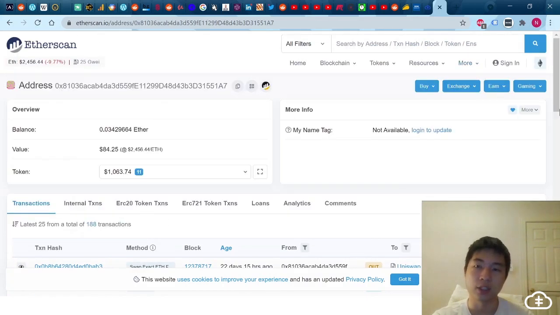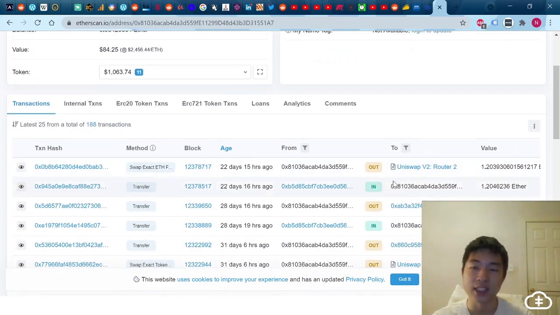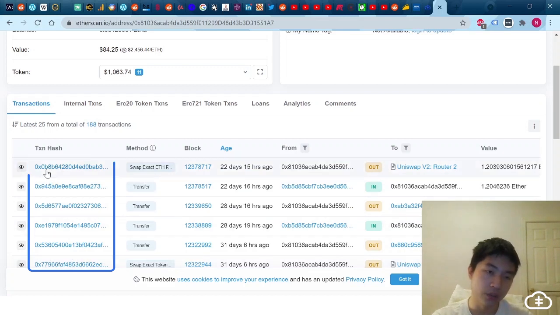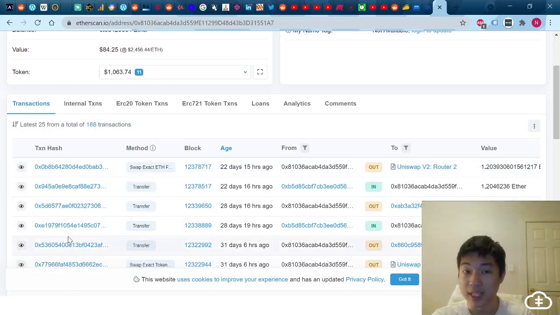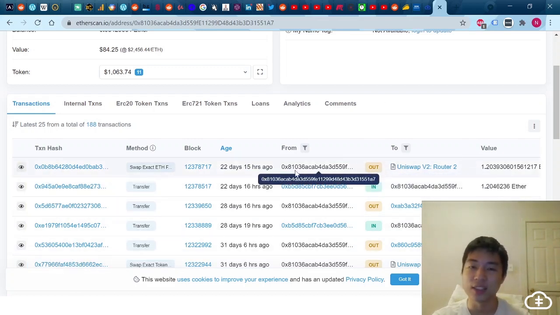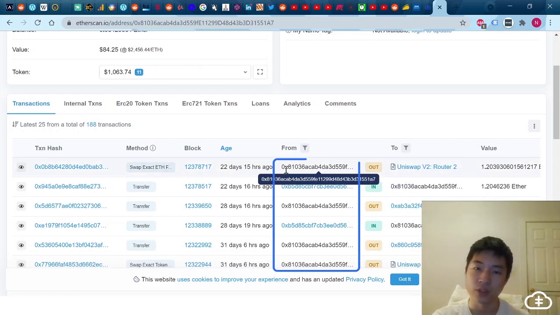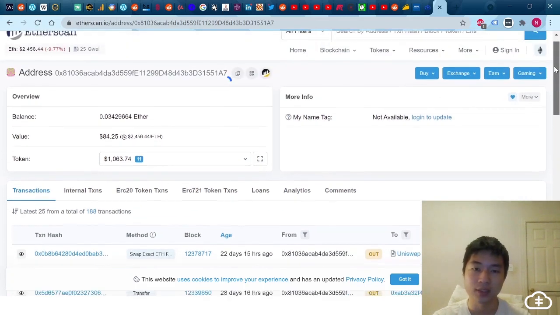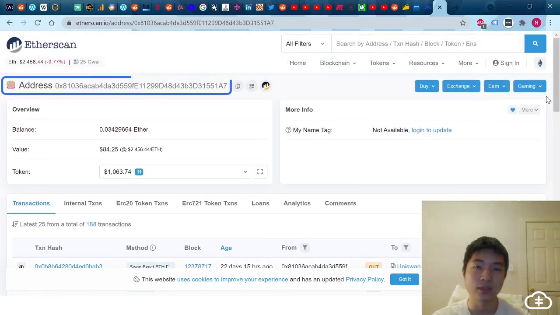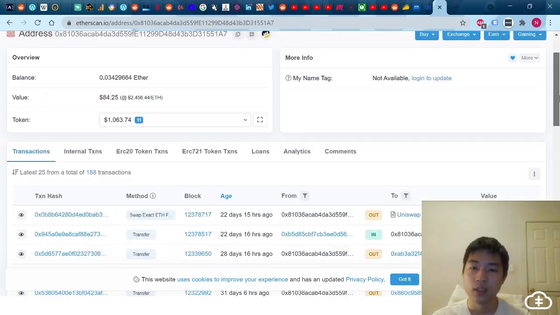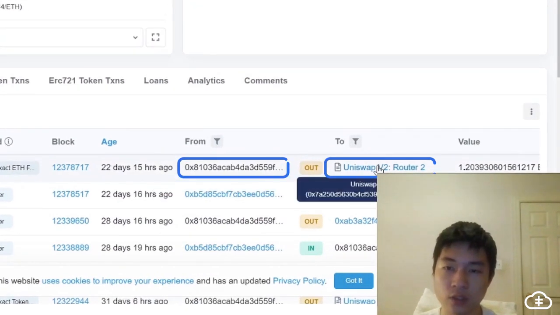You can see right here, these are some of my own transactions. These 1, 2, 3, 4, 5 are all transactions. And you can see it comes from 0x81, that's my own address. It starts with 0x81 and ends with 7, and it goes from here to here.